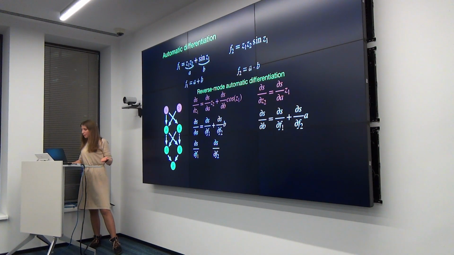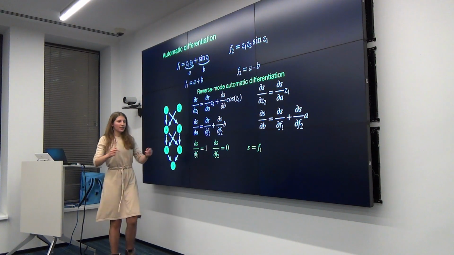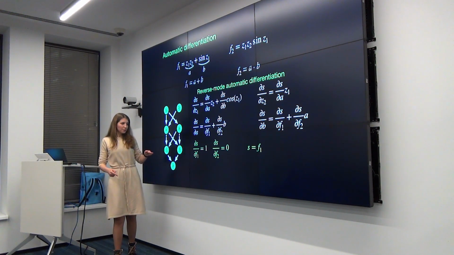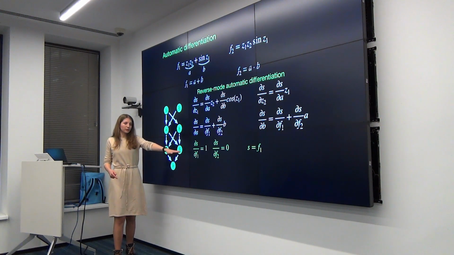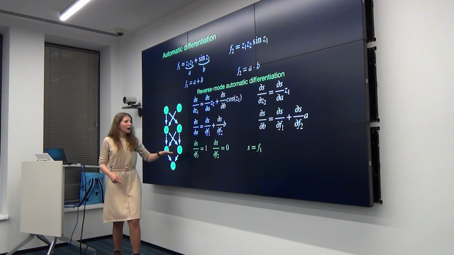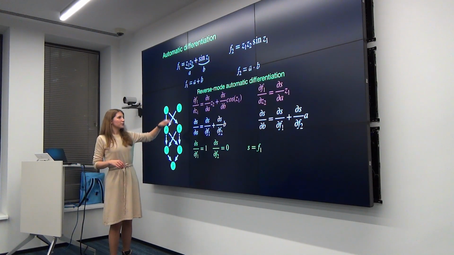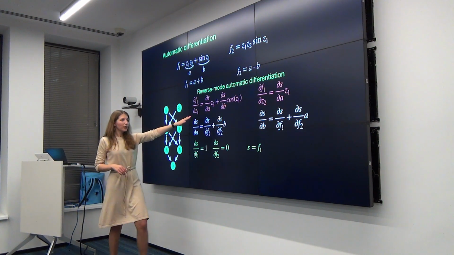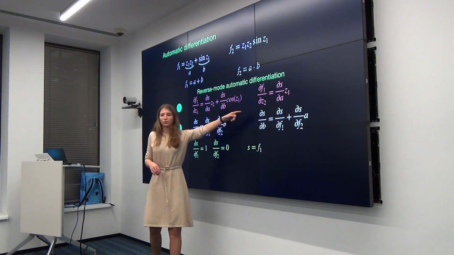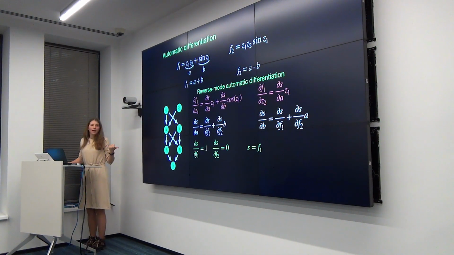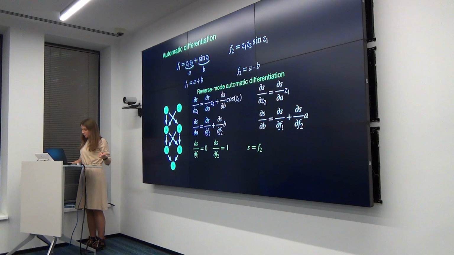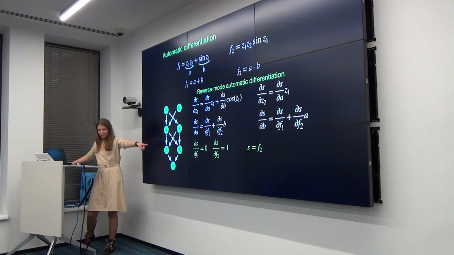also using the chain rule. And now, let's set S to be equal to F1. Then our input vector is 1 and 0. And then, on the last step, we get derivatives of F1 with respect to Z1 and of F1 with respect to Z2. Okay, and the same thing we can do with F2. Set S to be equal to F2, then our input vector will change.